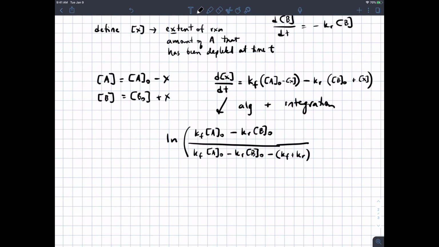And this equation is in your book, so you clearly don't have to memorize it. Okay.